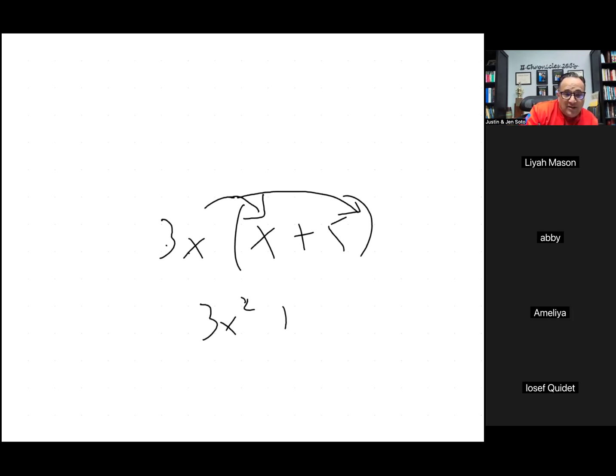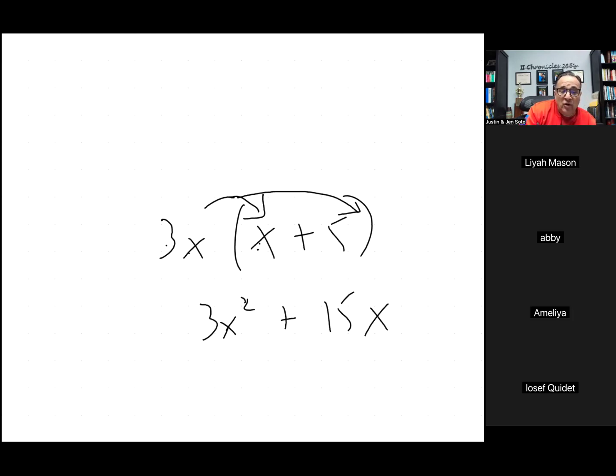Then 3x times 5. Again, you put the plus that's here. So 3x times x is 3x squared. The 3x times the 5 is 15x. So our answer is 3x squared plus 15x, and you can't simplify this because remember we just learned you can't add or subtract unless you have the exact variable with the exact exponent.